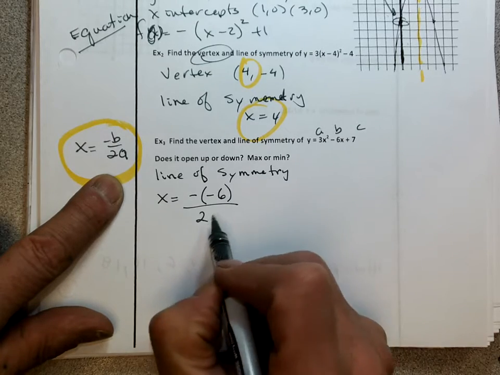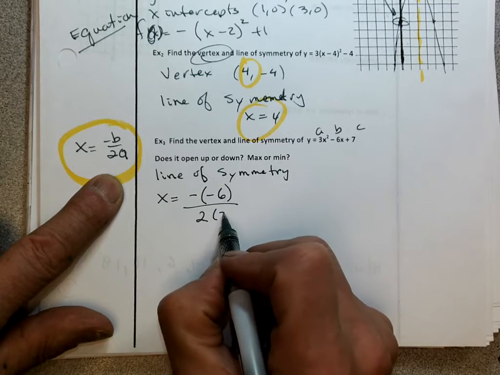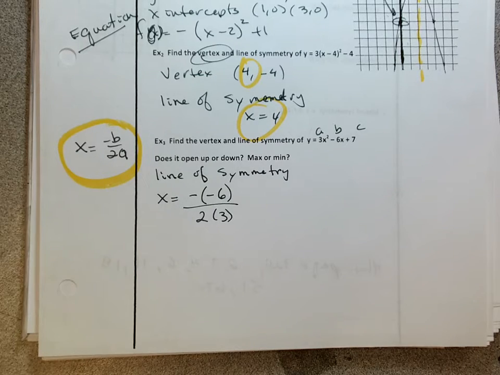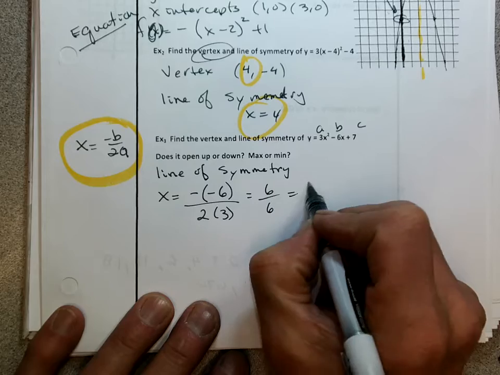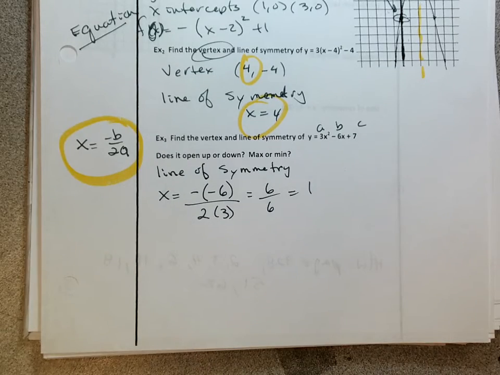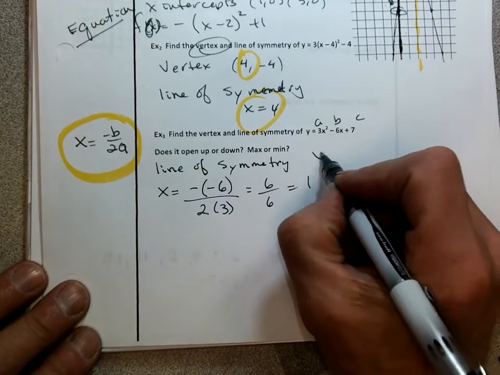All over 2 times a, which is 3. Just plug it in. I'll simplify that. I get a positive 6 over 6, which is 1. So the line of symmetry is this equation, x equals 1.